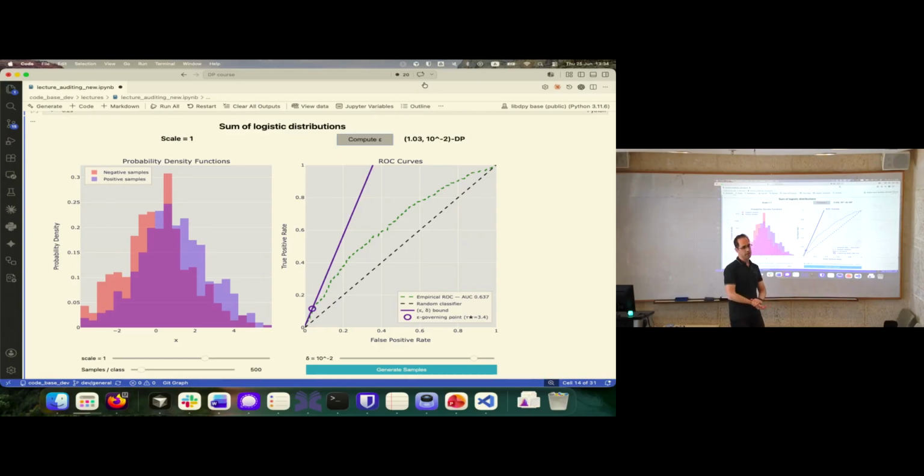Basically what we're doing here is effectively we're saying, look, you told me, you the privacy officer, the one who gave the certificate that this mechanism is okay and we can release it. You claim that this mechanism is epsilon, delta DP.